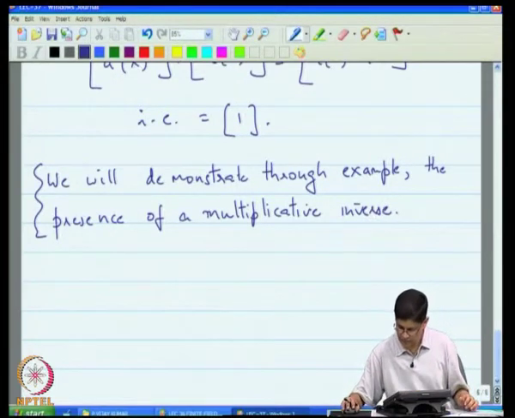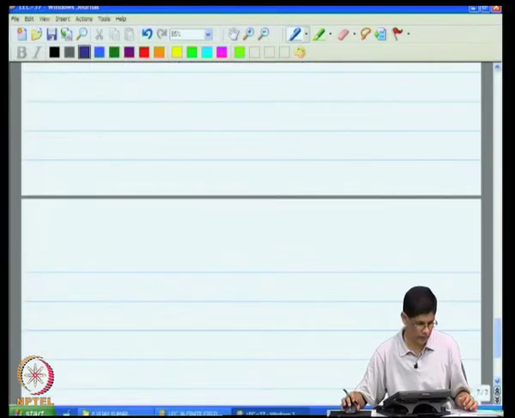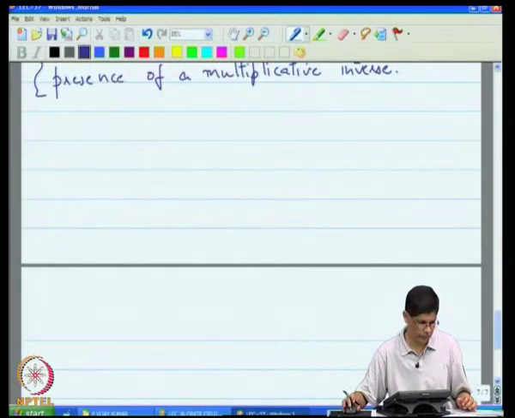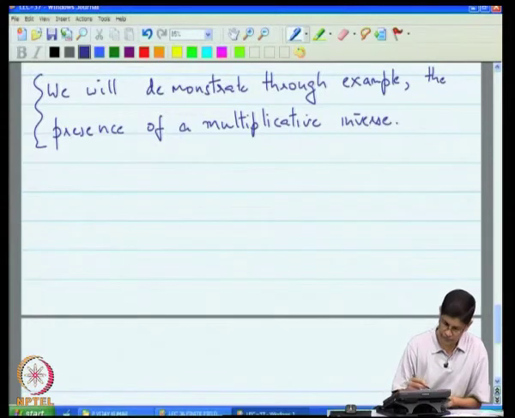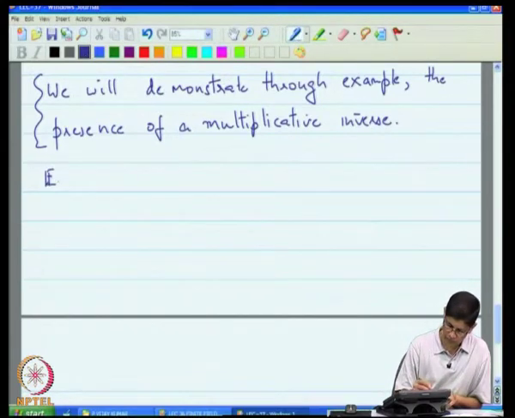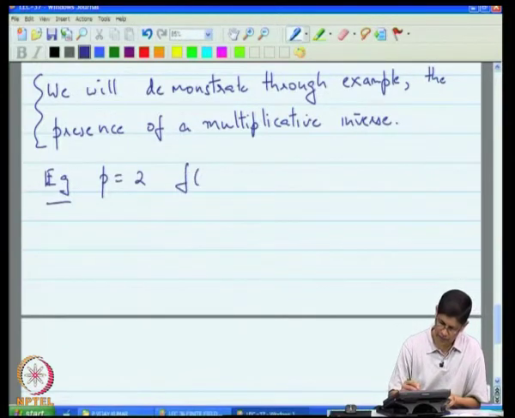So in this example, let us take p equal to 2 and define f of x to be x^4 plus x plus 1.